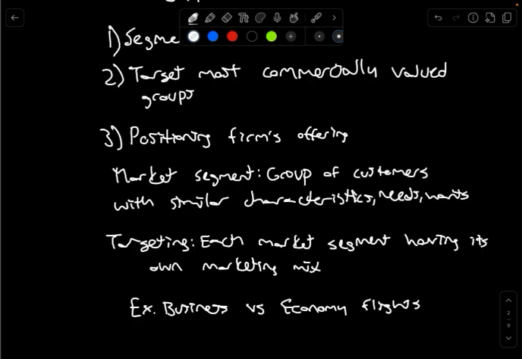The pricing strategies won't be the same. The services, the product offers won't be the same, obviously. So it's the company's responsibility to create strategies that obviously will be needed in the marketing process.